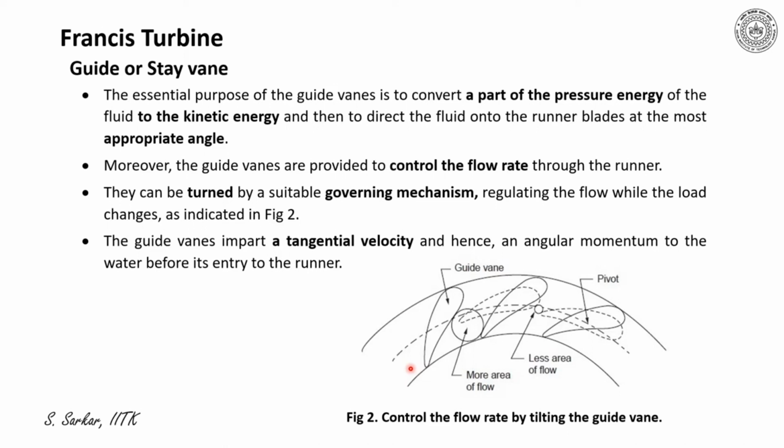In figure 2, I have illustrated the two positions of guide vane. One is done by firm line and other position is done by the dotted line. Please note that for the position which has been illustrated by dotted line, the flow area is much less and thus the flow rate. Hence, the flow rate can be controlled by turning the guide vane by a governing mechanism.